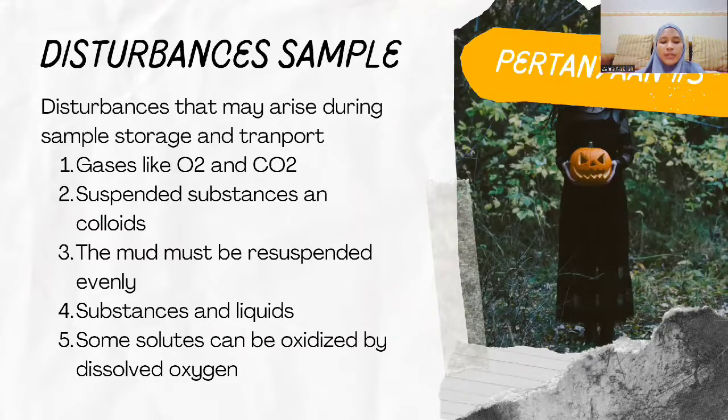Number 2, suspended substances and colloid can form their own flock and can settle so that the sample becomes different from the original state.